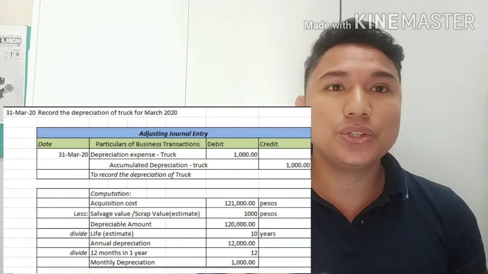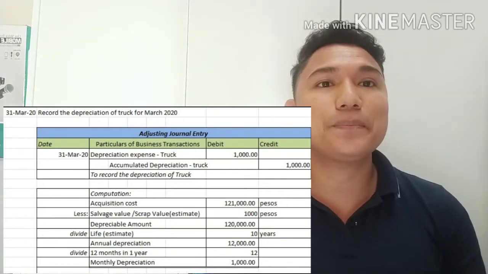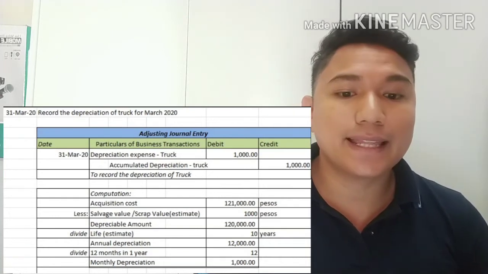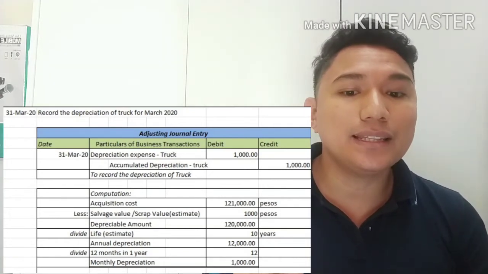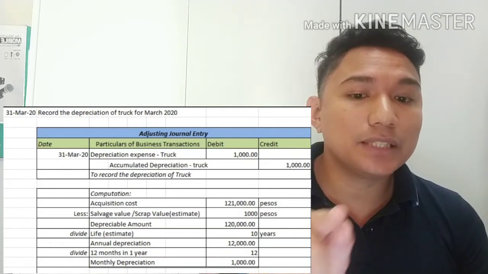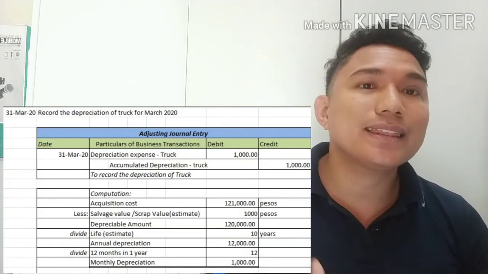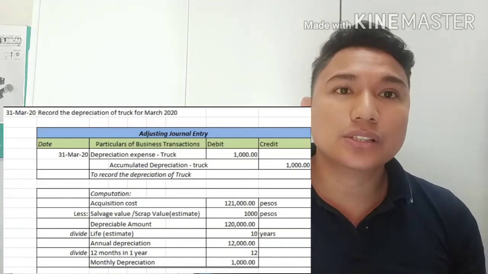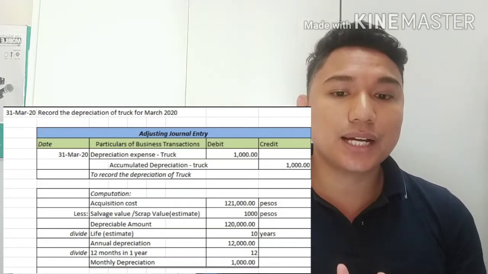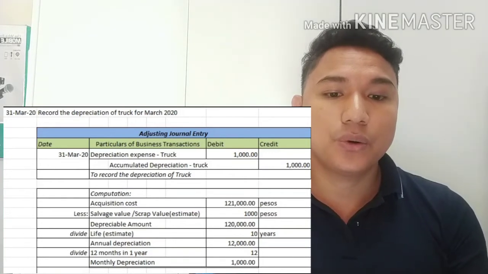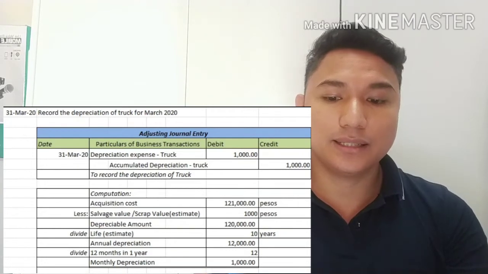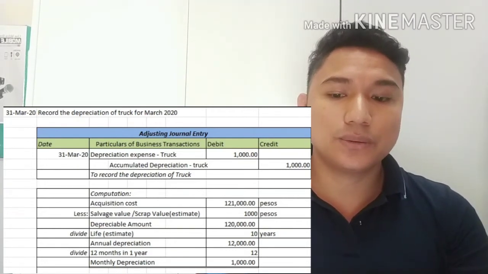We are going to use the basic method in depreciation, the straight line method. We just have to divide the depreciable cost of 120,000 by 10, so you will get the annual depreciation cost of the truck.